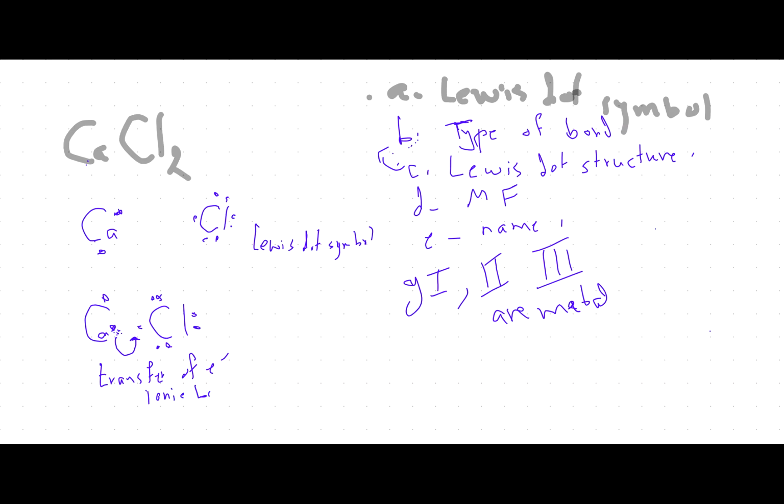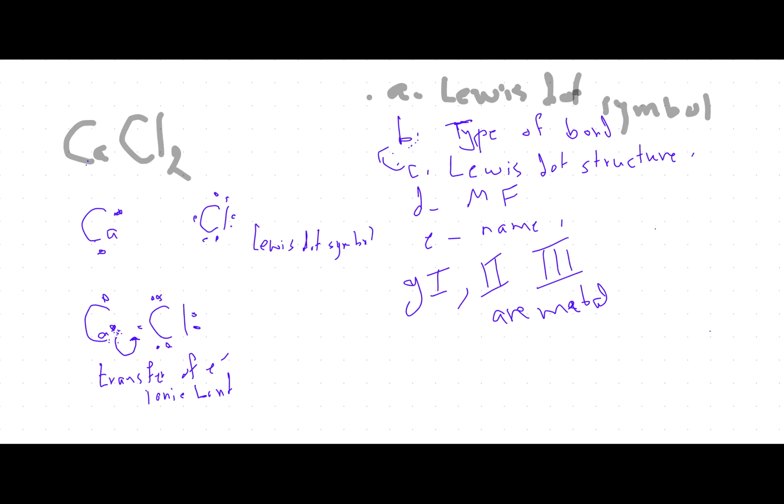Calcium has 2 electrons. Chlorine, how many does it need? 1 electron only, and it gets saturated.